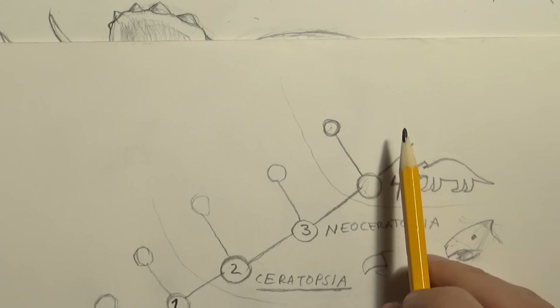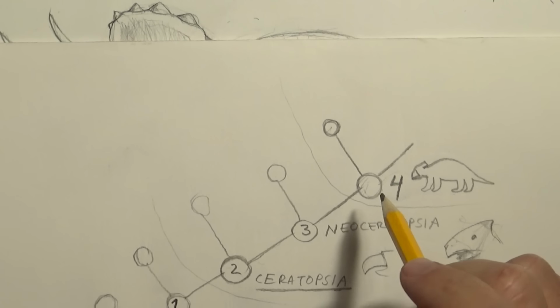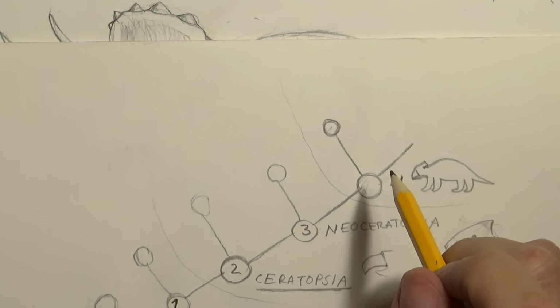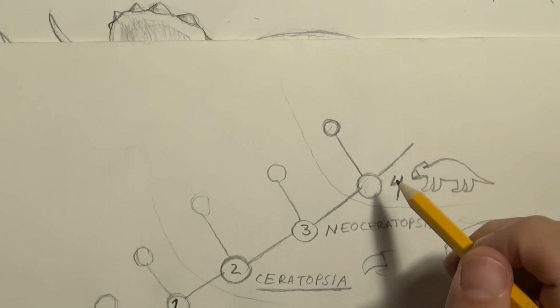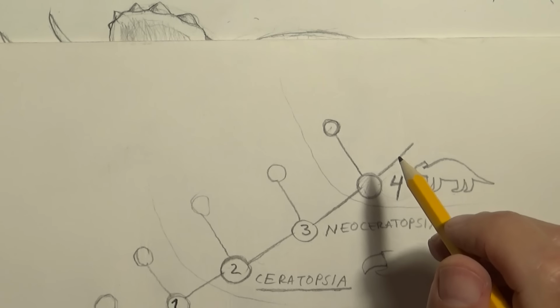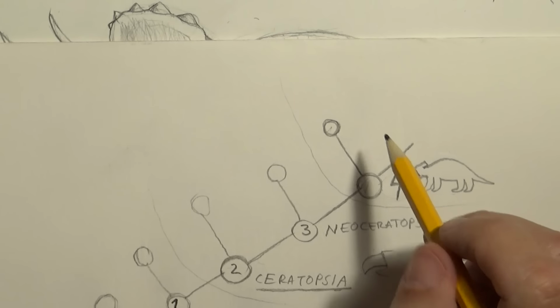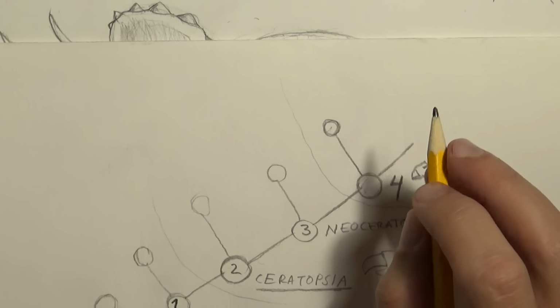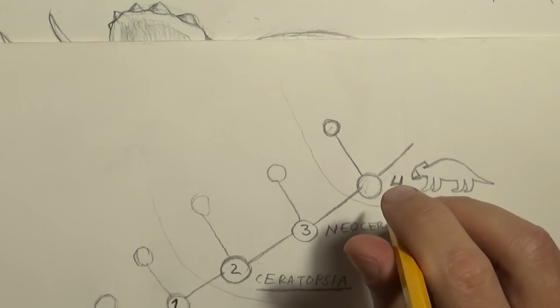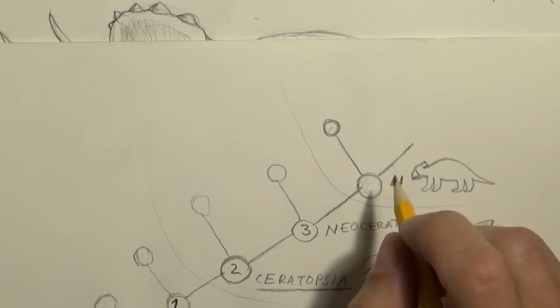And by this time, North America was divided into several islands actually, and the Ceratopsians in North America lived only in the western island, and the fossils have been found in Montana, Wyoming, for example.